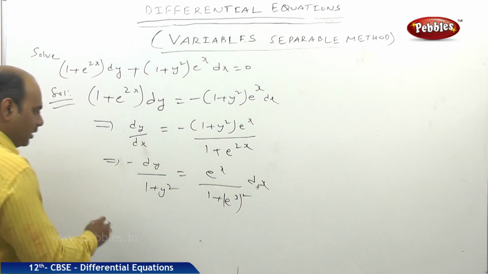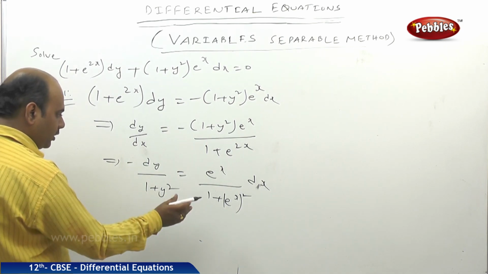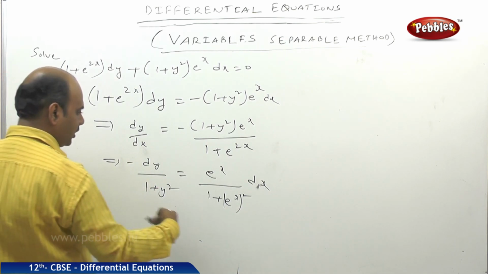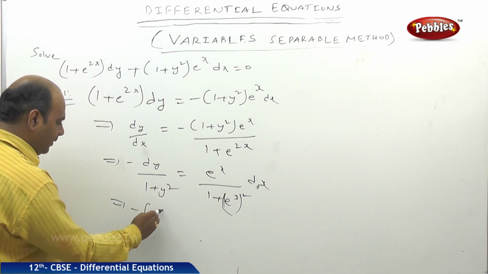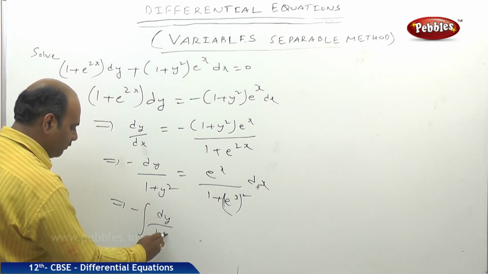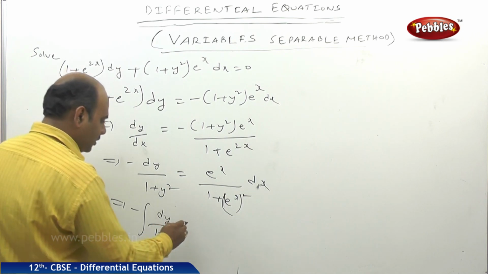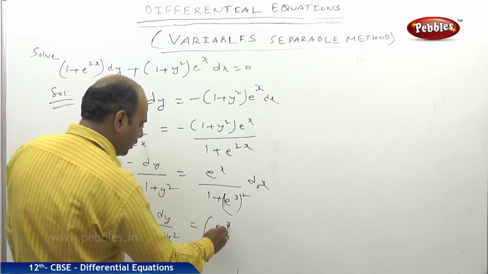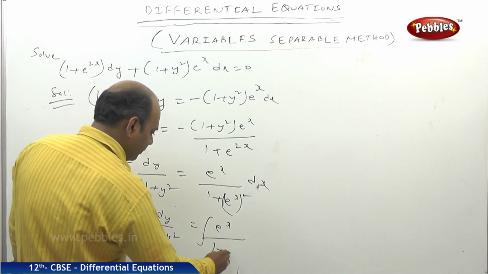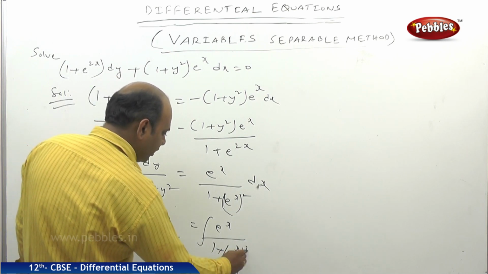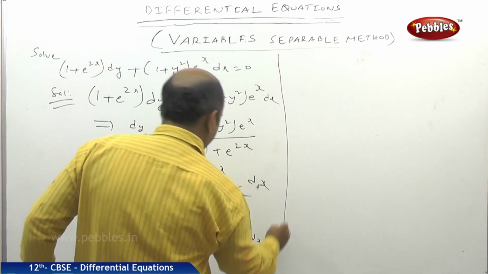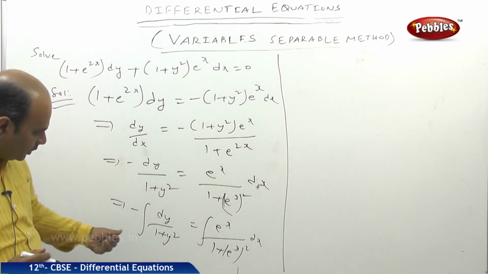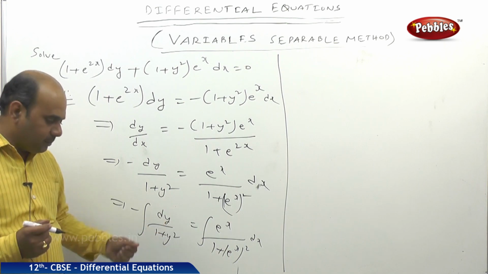Now if you observe carefully, all y terms are on one side and all x terms on the other side. Now blindly I can integrate. So the integral of dy/(1 + y²) is equal to the integral of e^x divided by (1 + (e^x)²) dx. Now if you observe carefully, it is like dy/(1 + y²).